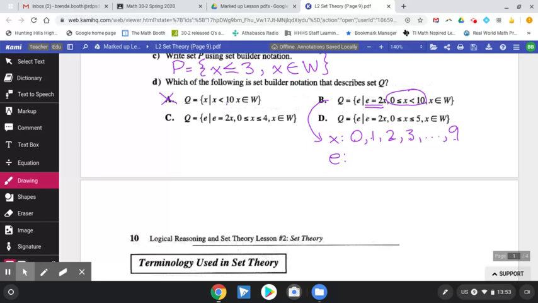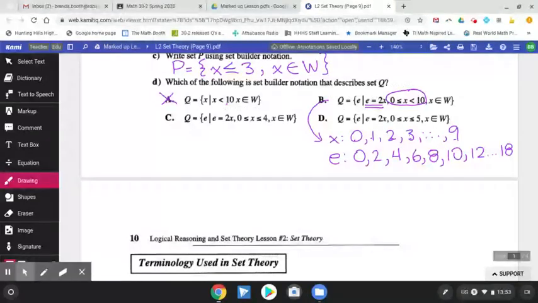So 2 times 0, 0. 2 times 1, 2. 2 times 2 is 4. 2 times 3 is 6. 2 times 4 is 8. 2 times 5 is 10. 2 times 6 is 12. Now, I would go all the way to 2 times 9, which would be 18.